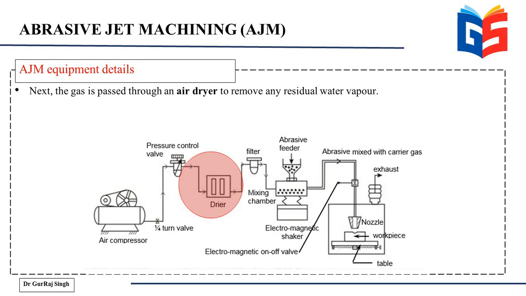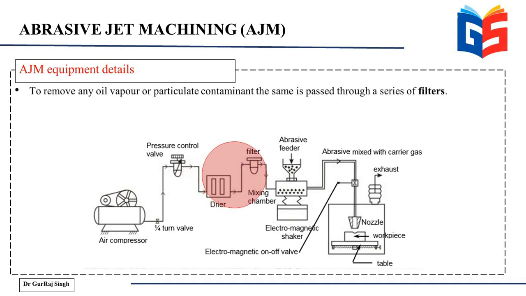So you need dry air, because if there's any sort of moisture, you will have these small abrasive particles, when they are mixed in the mixing chamber, they'll absorb this moisture, or the moisture will absorb those abrasive particles, and they'll get agglomerated. So in order to prevent that agglomeration, you need completely dried air, and this is done using this dryer. Then you have a filter.